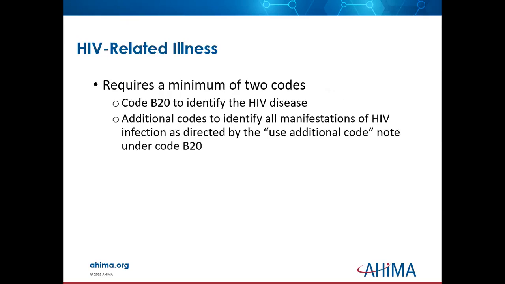HIV-related illness requires at least two codes. The B20 will be first to identify the HIV disease, and then it will say in the tabular to use additional codes for any related illness.